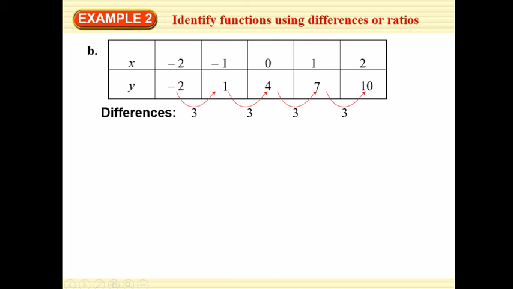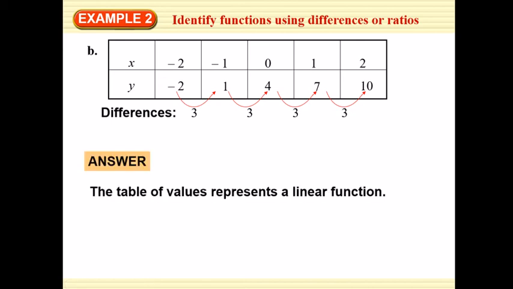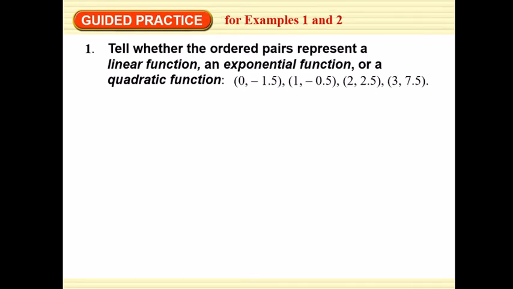So 1 minus -2, 4 minus 1, 7 minus 4, 10 minus 7, all end up with a difference of 3. So that means this table represents a linear function. Now, you could try these differences and fail both in the first round and the second round, but we'll get to that.